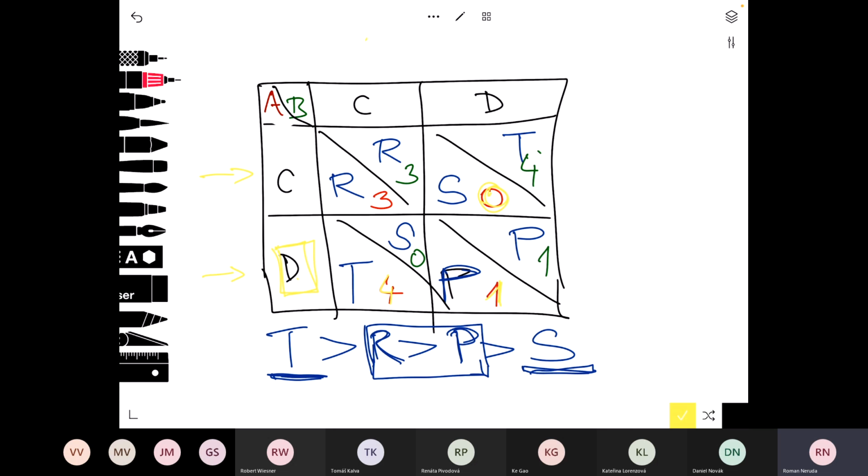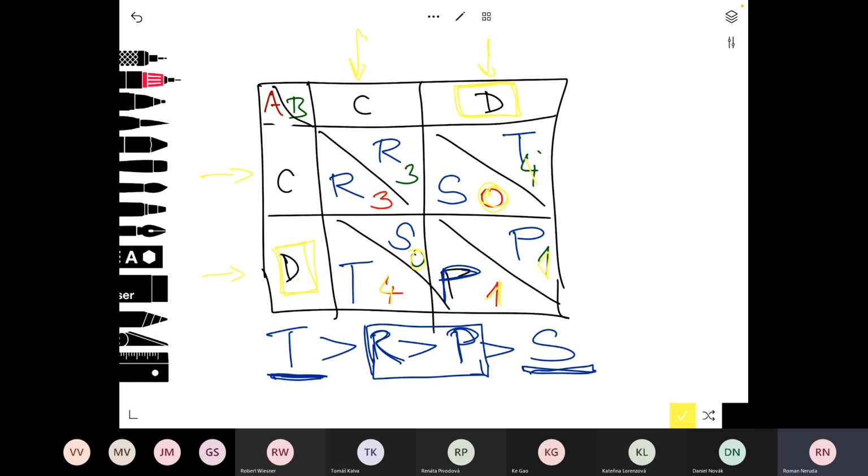So the same goes from here, right? If I'm here, I cooperate and I'm getting 3, but when A is defecting, I'm getting 0. So if I defect, I can get 4 if I'm lucky, but I can get 1 in any case, right? So as B, I'm choosing D as well.